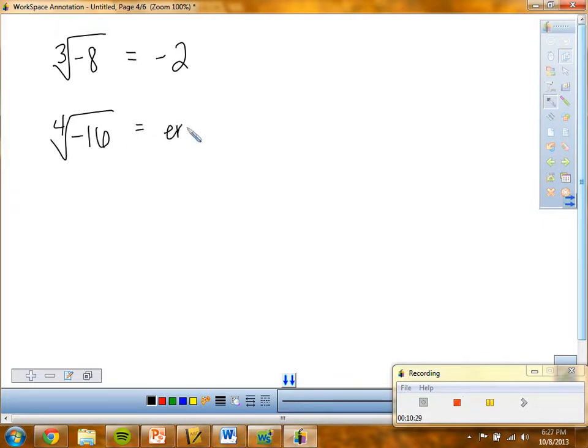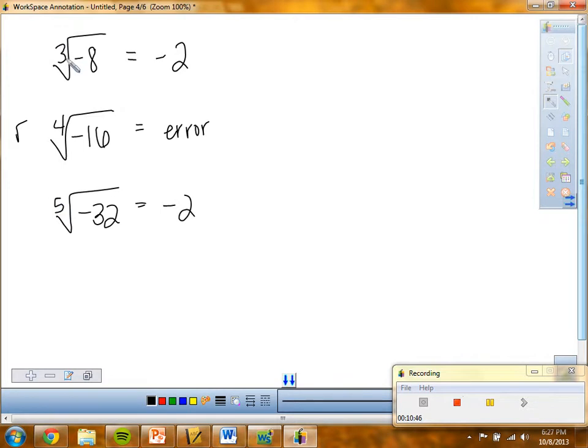Here I get an error. What about the fifth root of -32? This gives me an answer. I get -2. So why am I getting errors when I take the square root or the fourth root, but I'm not getting an error when I take the third root or the fifth root?